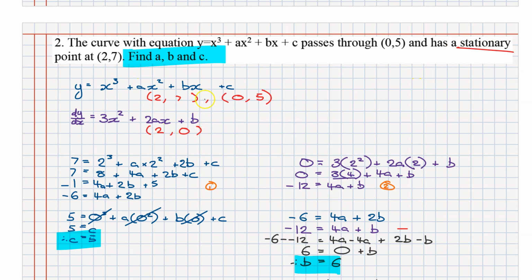The new thing that we haven't seen yet is that the stationary point (2, 7) becomes (2, 0) when we take the derivative, because the stationary point is where the derivative cuts the x-axis.